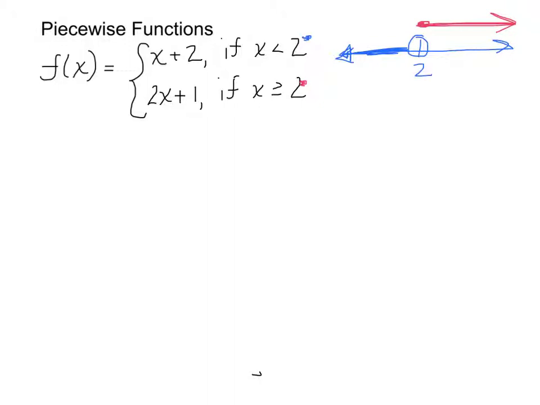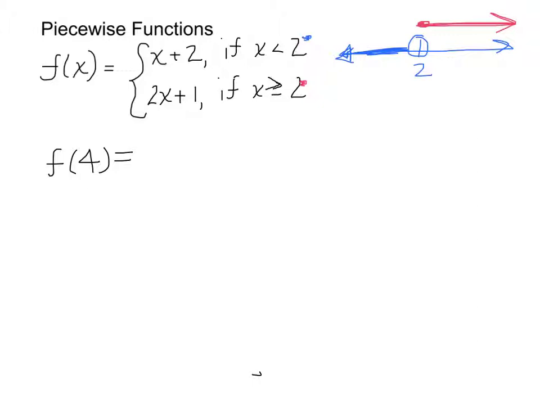So for example, they're going to ask you to evaluate f of x at the given values. So they may give you something like f of 4. Well, first you have to figure out, does 4 belong in the domain for the first function or the second function? Well, we know that 4 is larger than 2, so that would be my pink values.